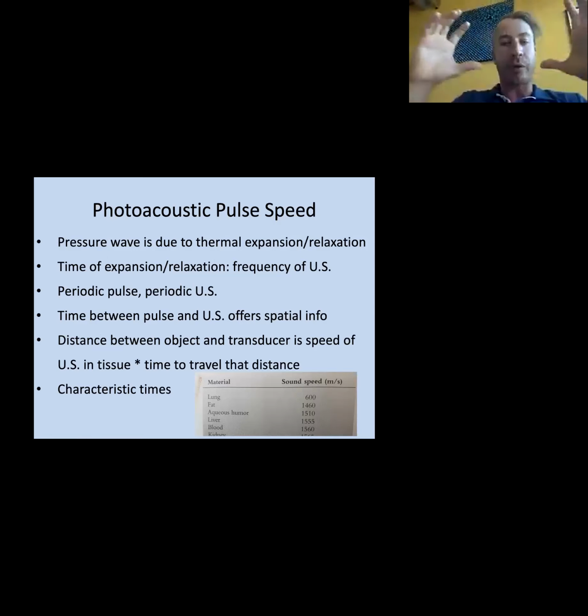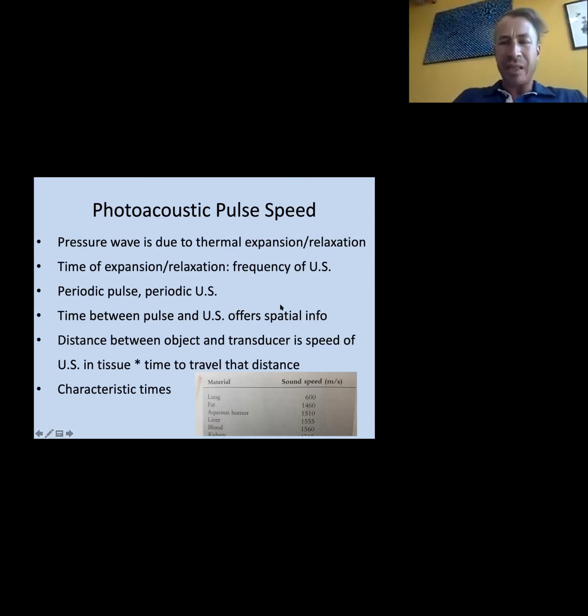A periodic pulse is going to create a periodic ultrasound wave. The time between the pulse and the ultrasound offers spatial info. Let's see, I kind of want to sketch this out. So if S is your source and this is your sample, you have photons coming out of here, right?